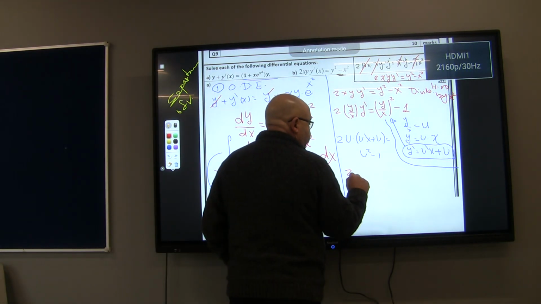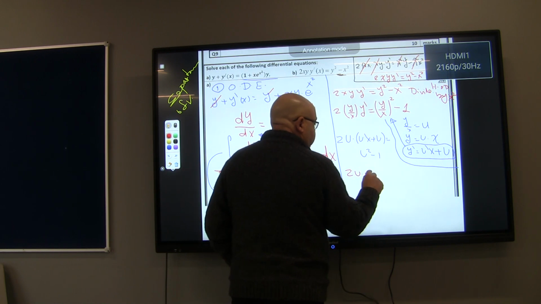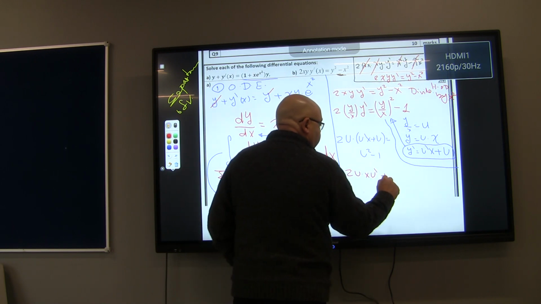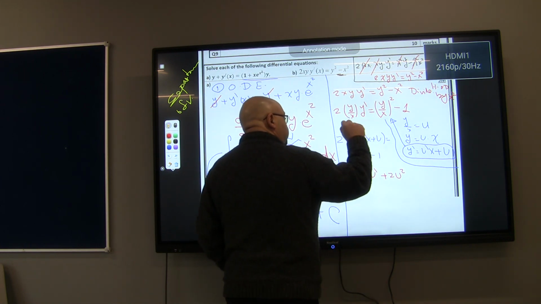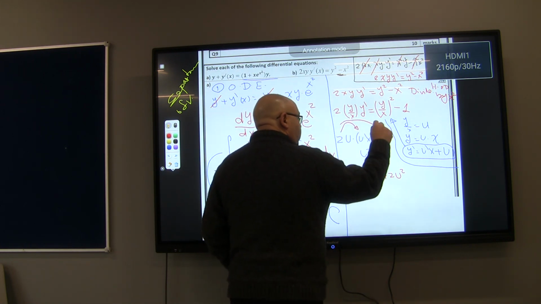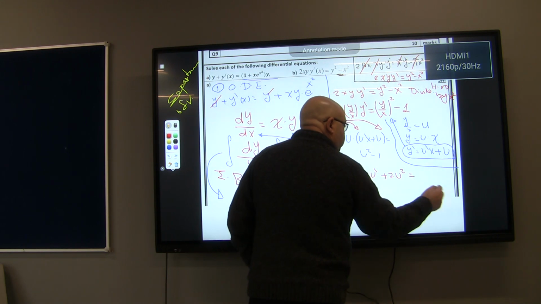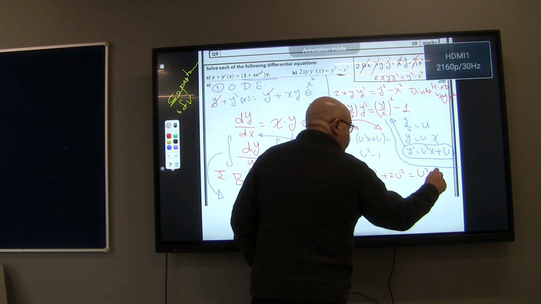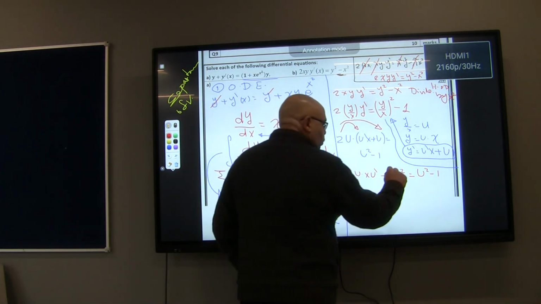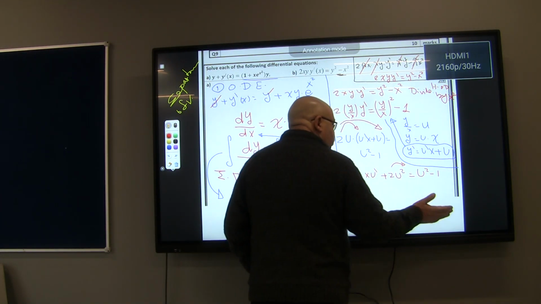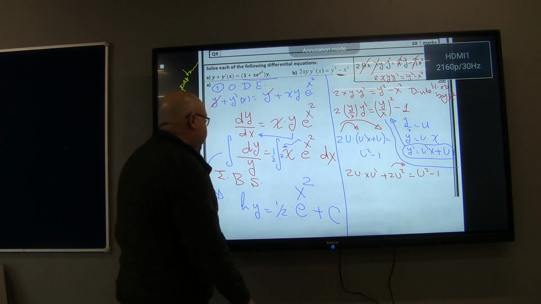So you will have 2u times x u dash plus 2u squared. Simply I multiply 2u times these two parts, and it's going to equal, on the right-hand side, u squared minus 1. Let's start getting u's on one side and the rest of the values on the other side.